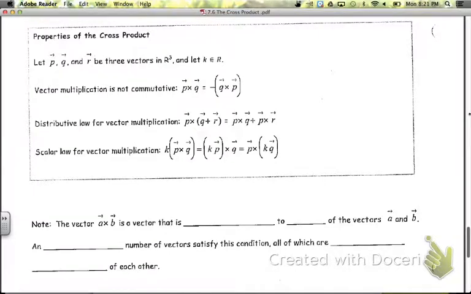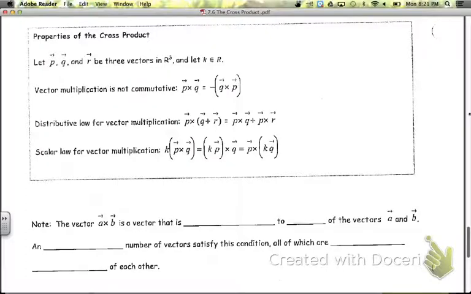So now let's just look at a couple properties of the cross product. P, Q, and R are three vectors in R3, where k is an element of the real numbers. So we have that the cross product between P and Q is just equal to the negative cross product between Q and P. So just the opposite, but negative.